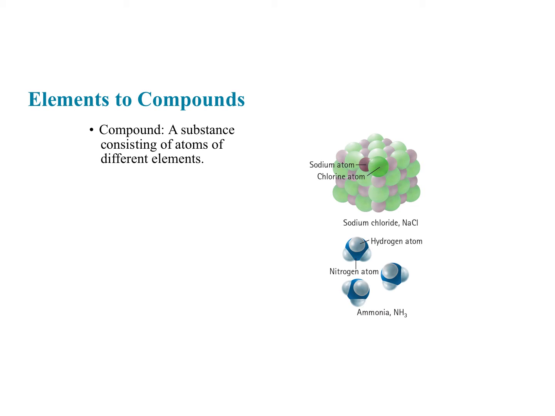Down below, you can see a representation of the ammonia molecule, the compound of ammonia. Ammonia consists of 1 nitrogen atom and 3 hydrogen atoms. So the chemical formula, you would read that as NH3. The blue here represents the nitrogen atom, and the little white balls represent the hydrogen atoms that are bound to the nitrogen.